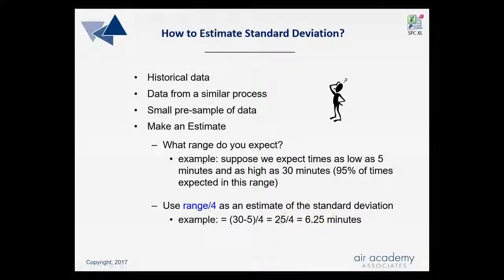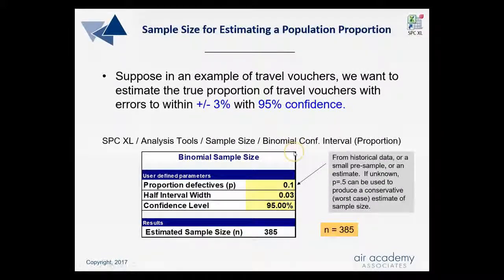So one could use this, the range divided by 4 rule of thumb is a nice little rule, because estimating range is easy, and the division by 4 comes from plus or minus 2 standard deviations, accommodating 95% of your variability. So that was for estimating a population mean.